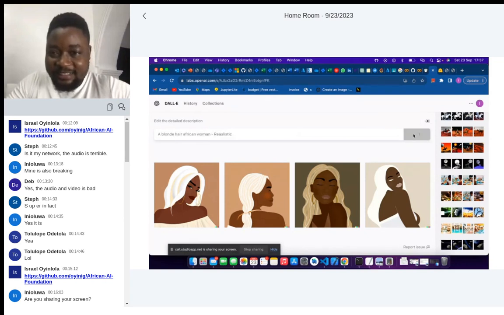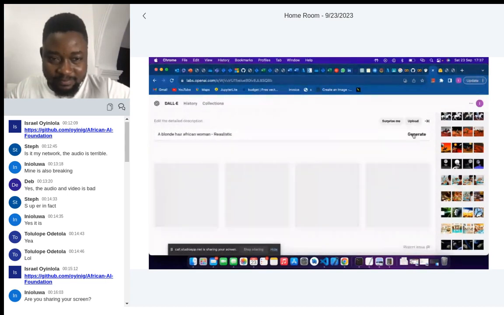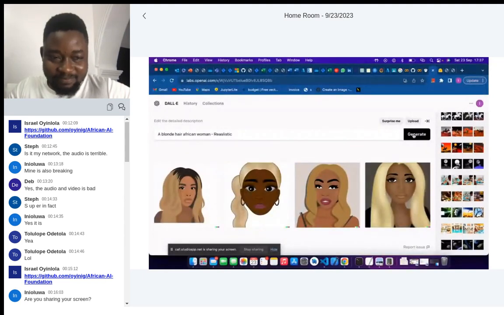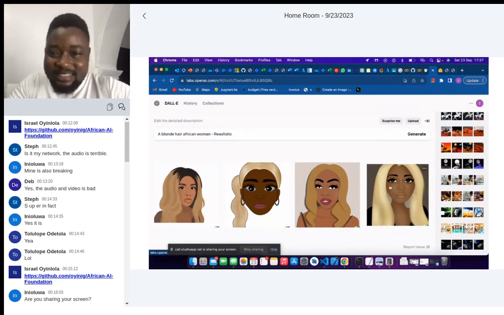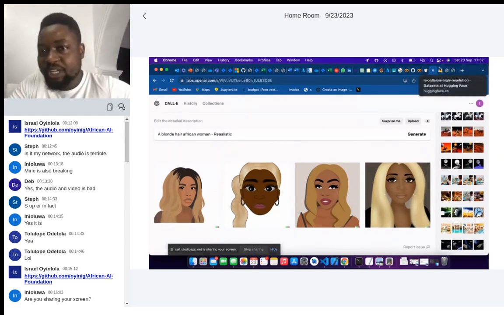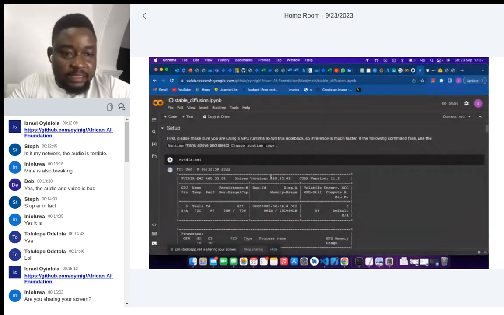We don't want a cartoon. Well, it's probably not contained in the data set, but at least the concept is still there: the blonde hair and the dark skin and all that. Yeah, so that is what it looks like.